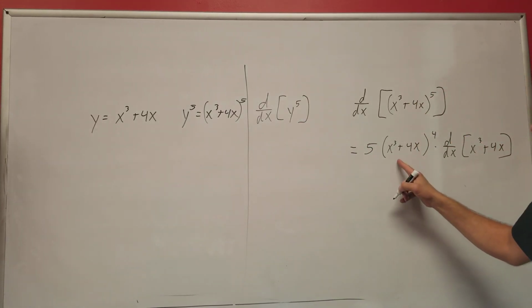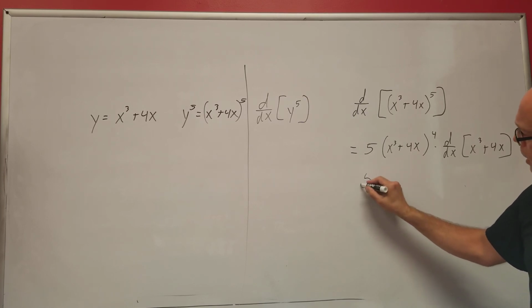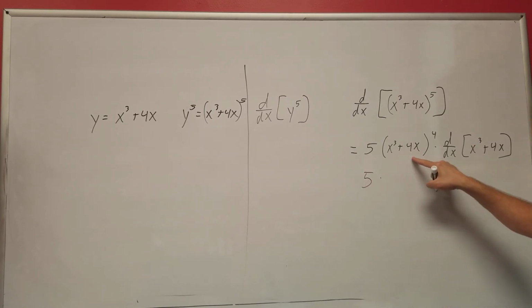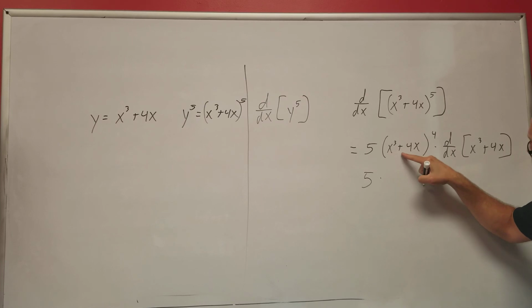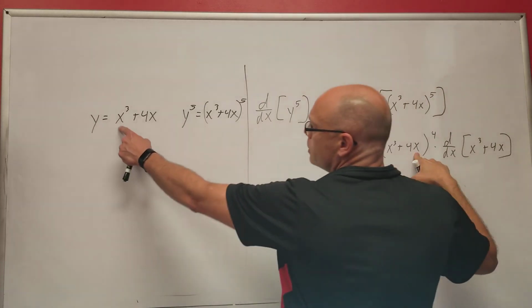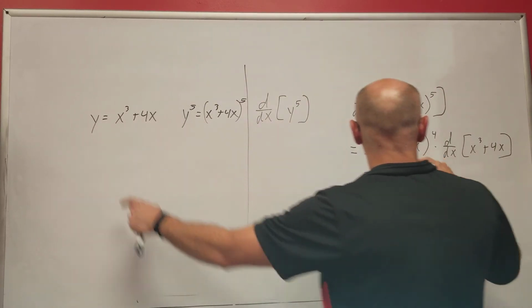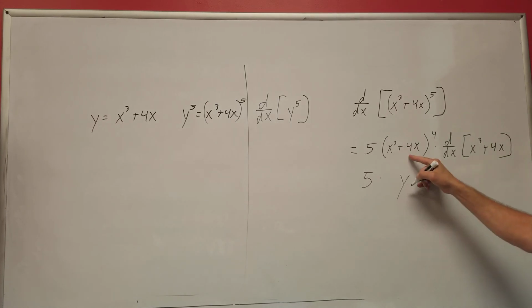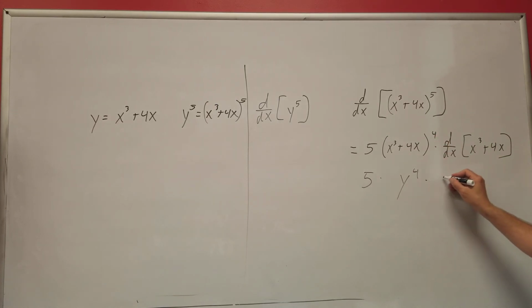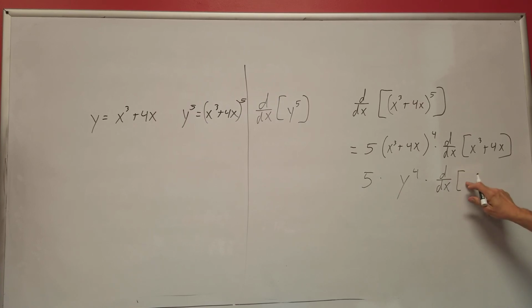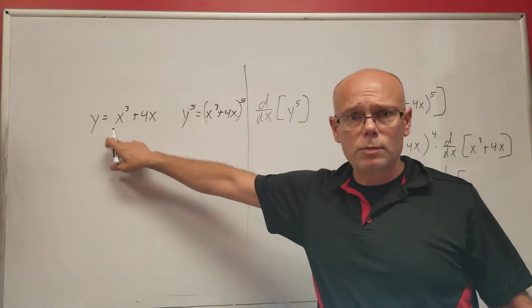And what did we get right here? We got 5 times, what is this quantity also known as? x cubed plus 4x is just y. So that's really y to the fourth times d over dx of x cubed plus 4x again, which is really y again.